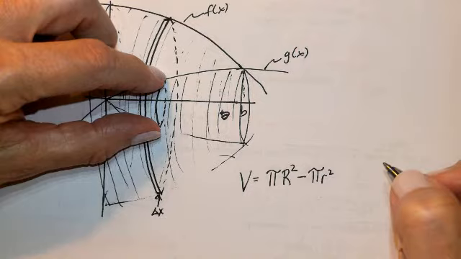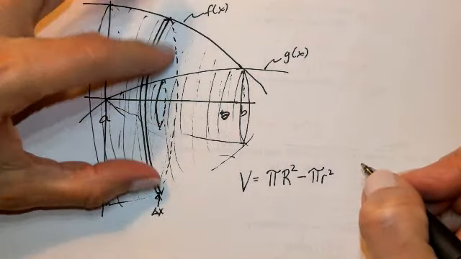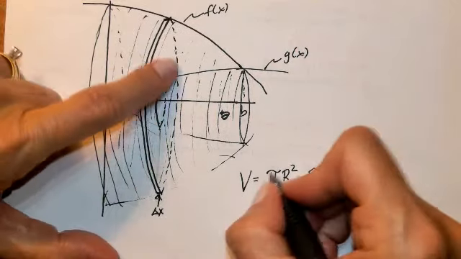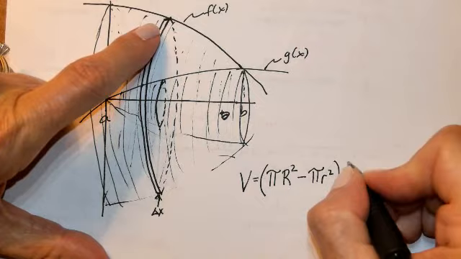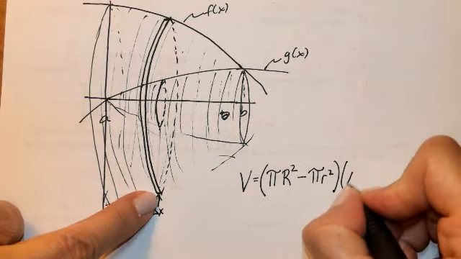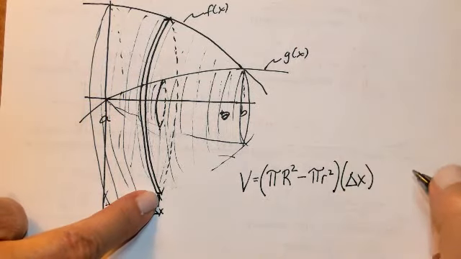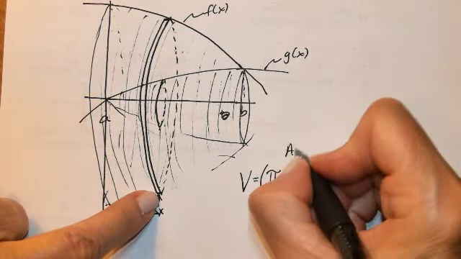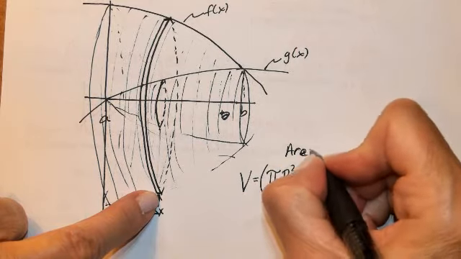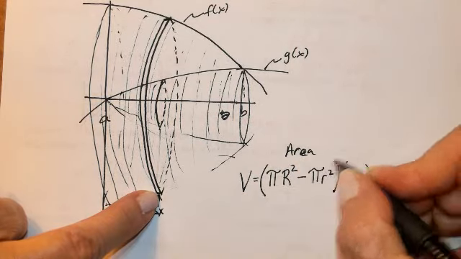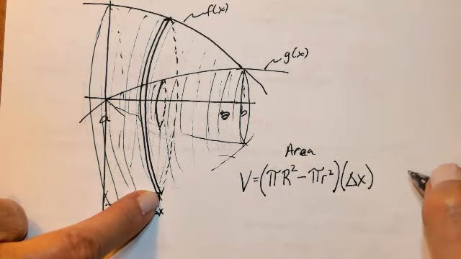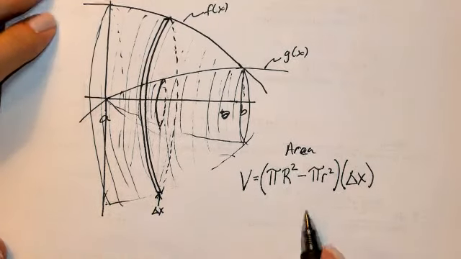How about that? So that will be just the area, and then we will multiply that by the thickness to get volume, right? Area times our thickness will get our volume, right? Now we're going to take those.